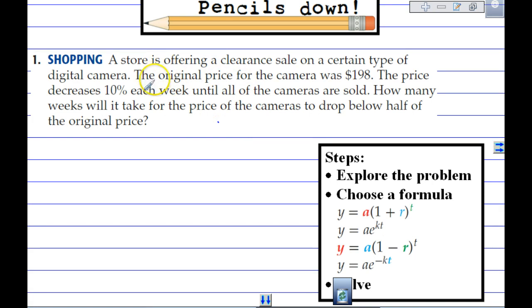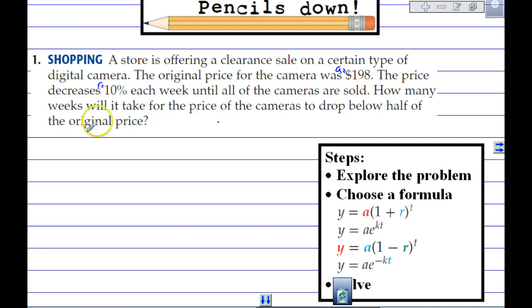If we read this, it says it's a sale, a certain type of digital camera, original price, okay, y-intercept, starting place, original price 198. The price decreases by 10%, the percent lets me know that's an r. And we had a y-intercept here, that's an A.